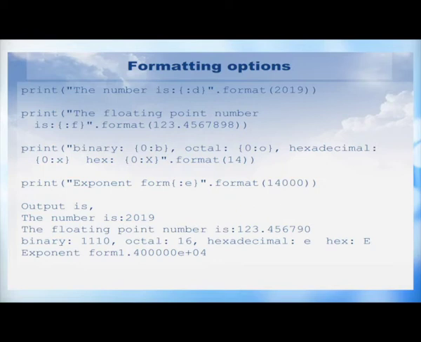Then coming to the next example, where I have colon f, which represents a floating point number, and similarly we are printing the value of 14 in binary, octal, hexa and so on, and also we print the number 14,000 in exponential format using colon e. So, you can see the output. Please note that the floating point number is rounded off to 6 digits. This you would have noticed in your previous slide.